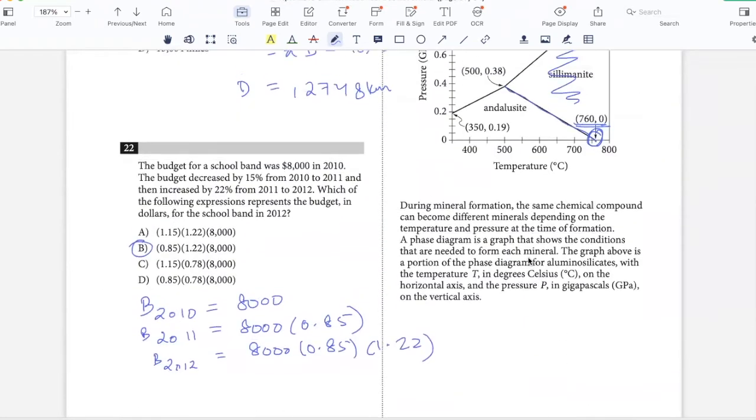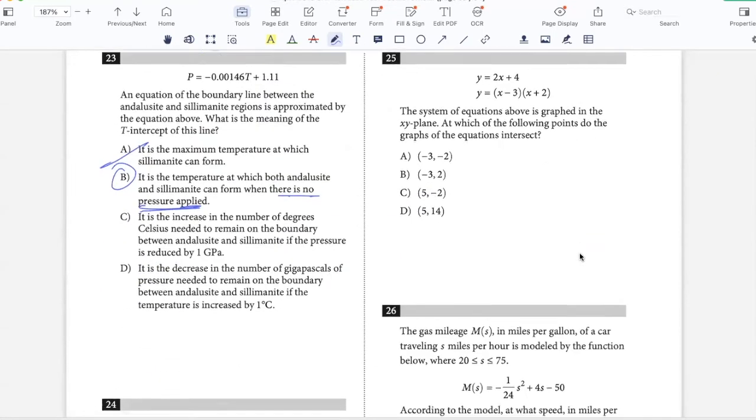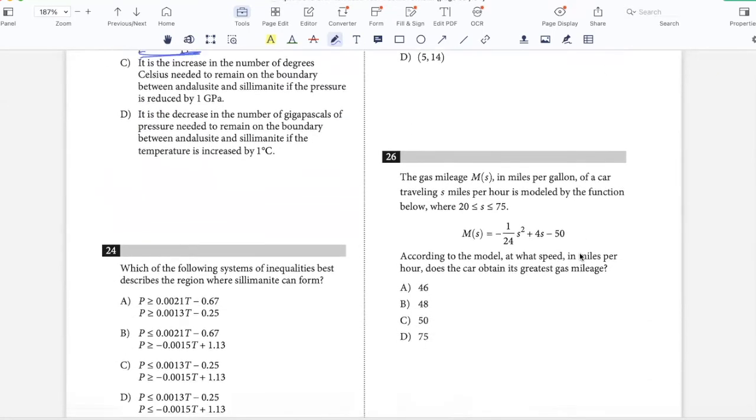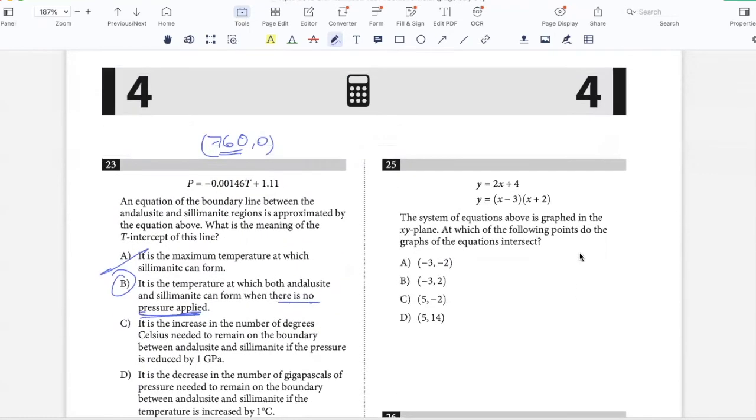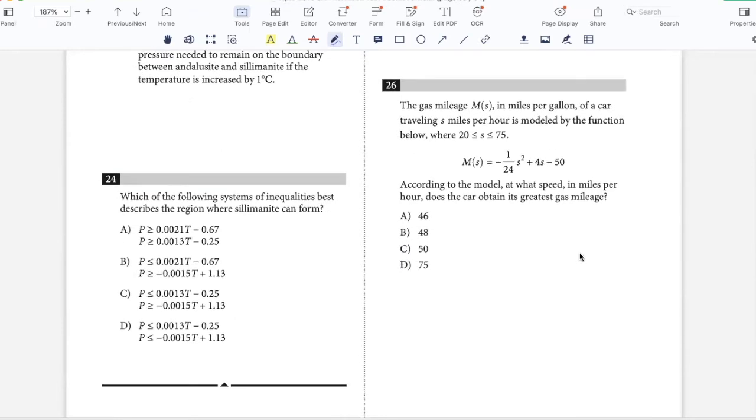And that is the greater than region for this, right? So P greater than negative 0.0015 t plus 1.11. So this equation, right? So yeah, less than is wrong. And this is not there.